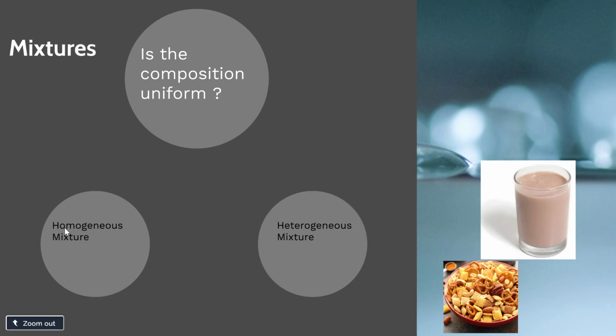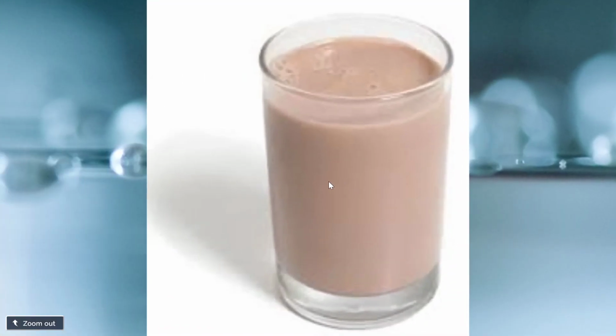And remember, homo, especially from biology with homozygous gametes, that homo means same. Okay? So that means that it's the same all over. And here I have a brief image of homogenized milk. So this is milk that has been homogenized.